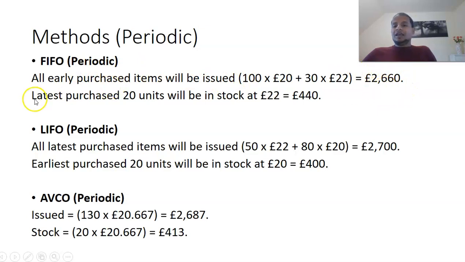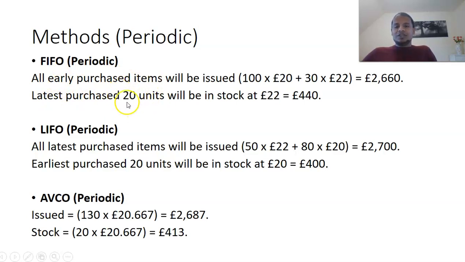And the latest purchase will remain as inventory. So 20 units from the last purchase will remain as inventory because this is first in, first out. The units that came first are already issued. So which goods will remain? The goods that came last.